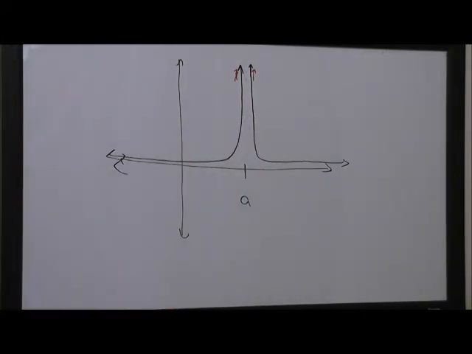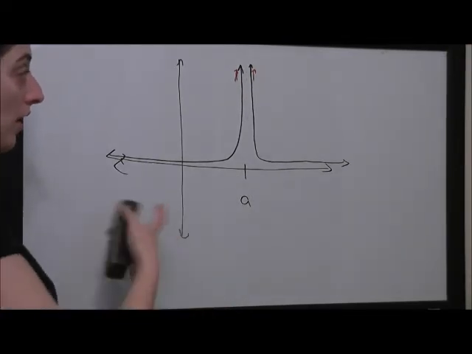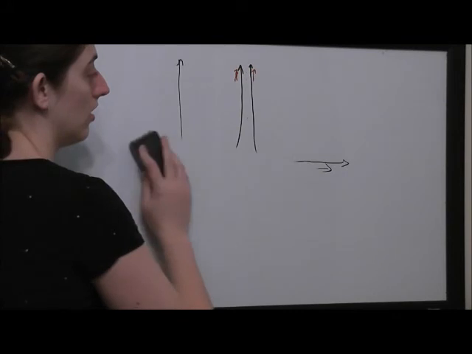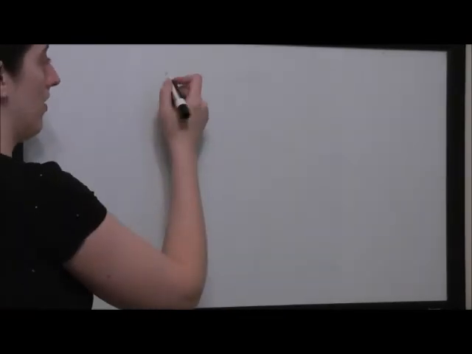All right, so now that we've talked about what continuity is, what we need to check for, and what it looks like to not be continuous, let's formalize our definition.